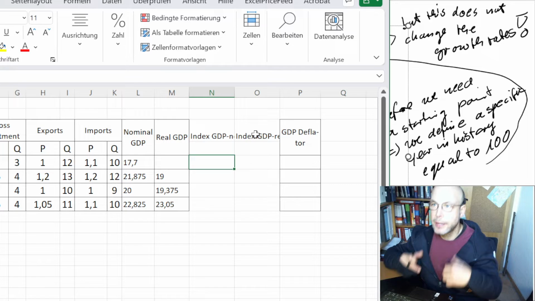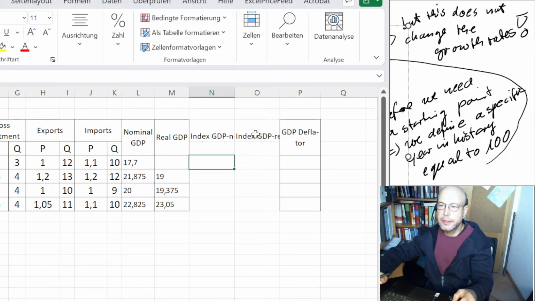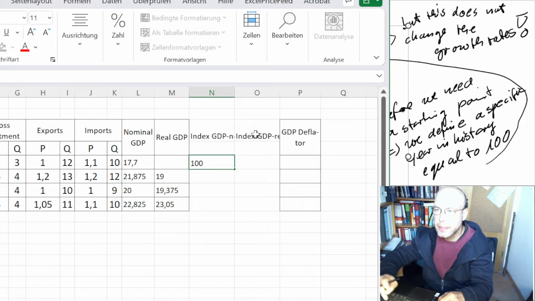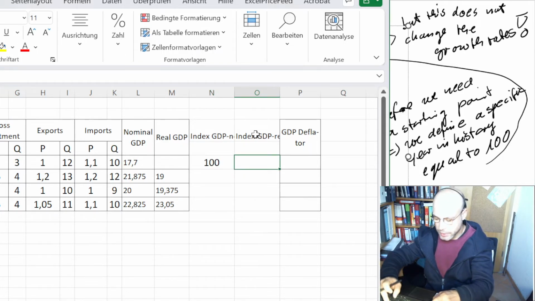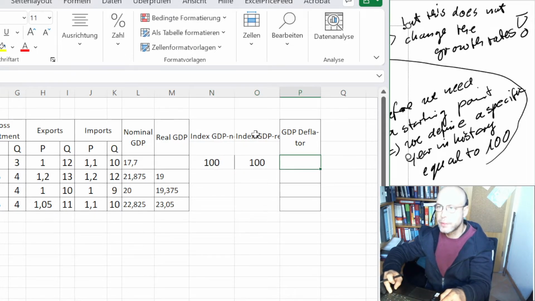Then we use the starting period. In this case, we take this as 100 and this as 100.